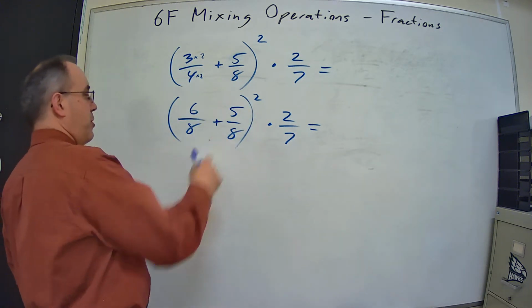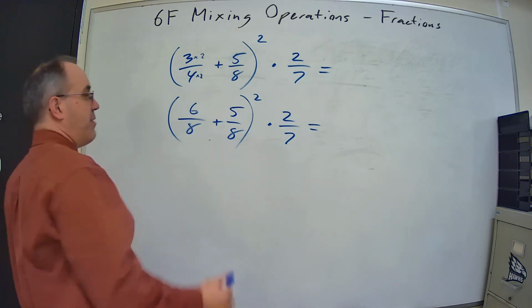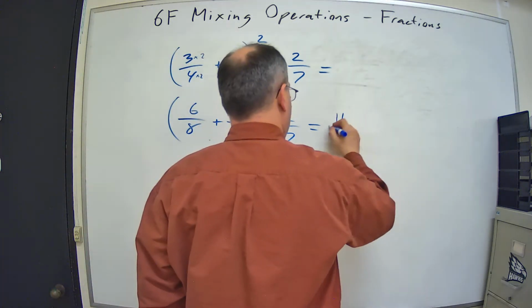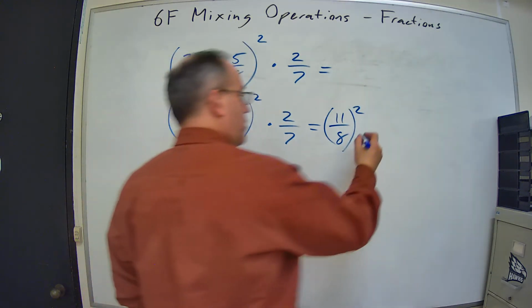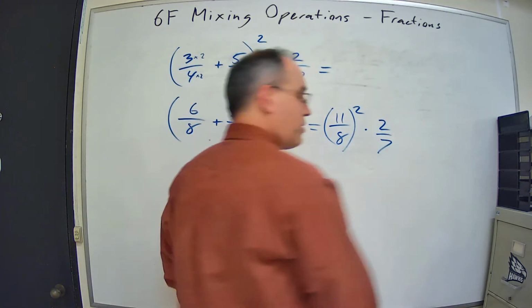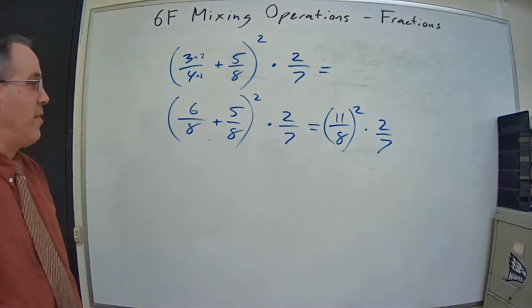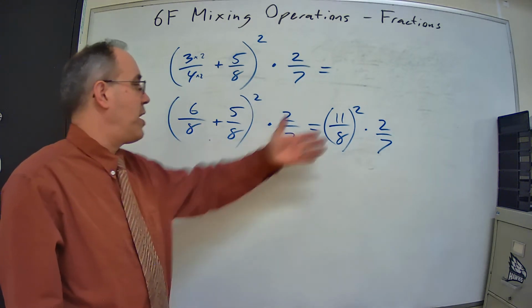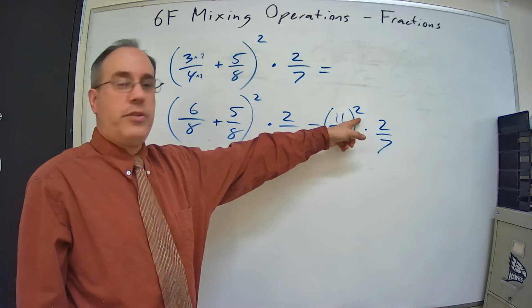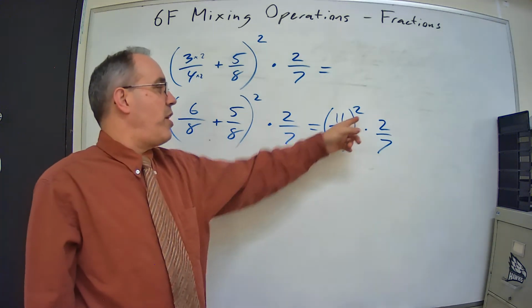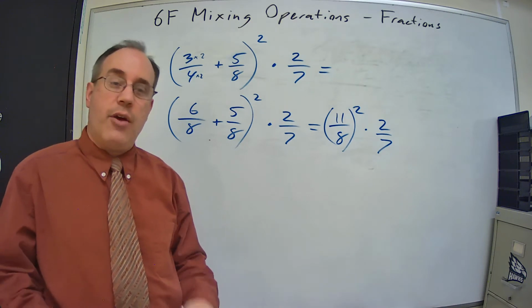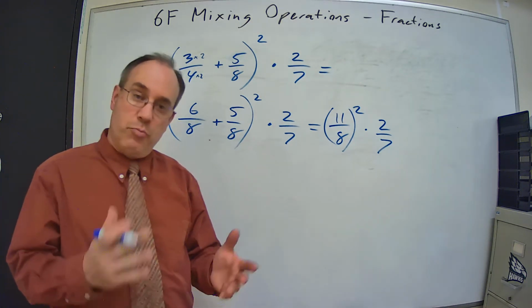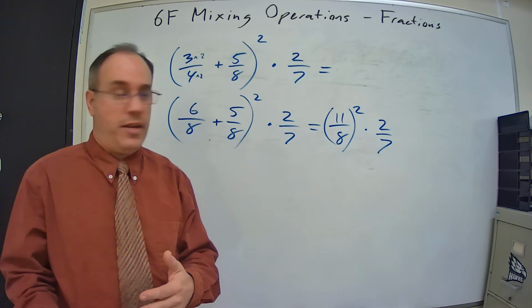So 6/8 plus 5/8, 6 plus 5 gives me 11/8 squared times 2/7. Okay, so we did that, we got our parentheses, now we have an exponent, which it's squared, so that just means multiply 11/8 by 11/8. Now remember, when you're multiplying fractions, you multiply the numerators, you multiply the denominators.